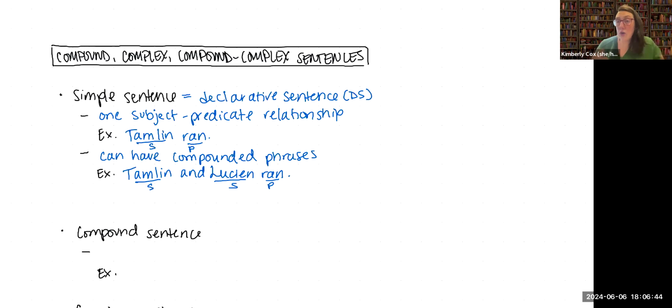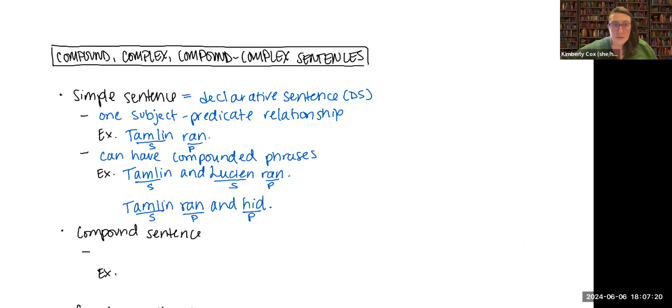So even though there are two subjects, there's still kind of one relationship with that predicate. The other way that it can operate is I could say Tamlin ran and hid. This is still a simple sentence. So now we have two predicates, one subject, but that subject relationship with both of those predicates is clear. So in either of these cases, what we have are simple sentences.